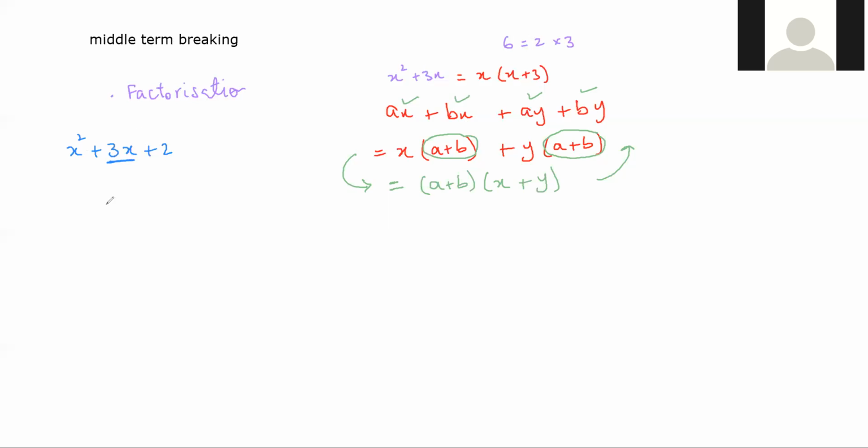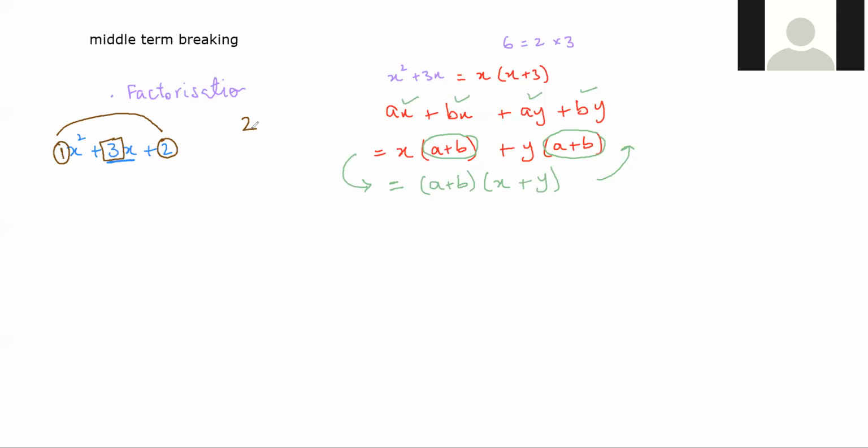Now let's do that. The procedure is that whenever you do middle term breaking, you have to see the coefficient of x squared, which is 1 right now, and this constant is 2 over here. The product of these two numbers you have to find, that is 2. That is the product. Now look at this middle number, which is 3 here.